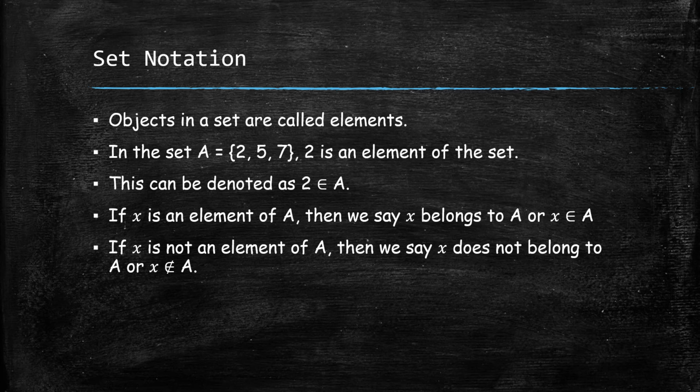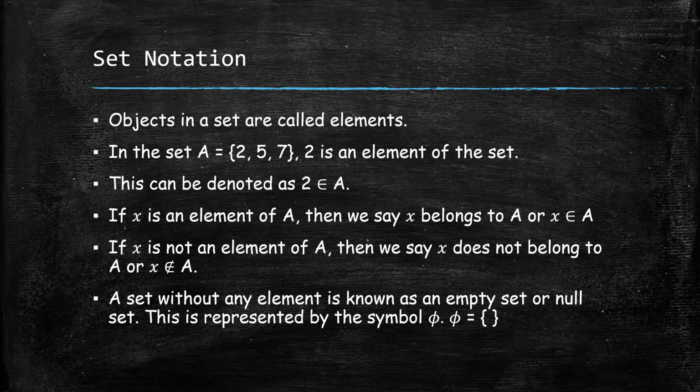Likewise, if x is not an element of A, then we say x does not belong to A, or x is not a member of set A. So that's why we have a cross over the E-like symbol.